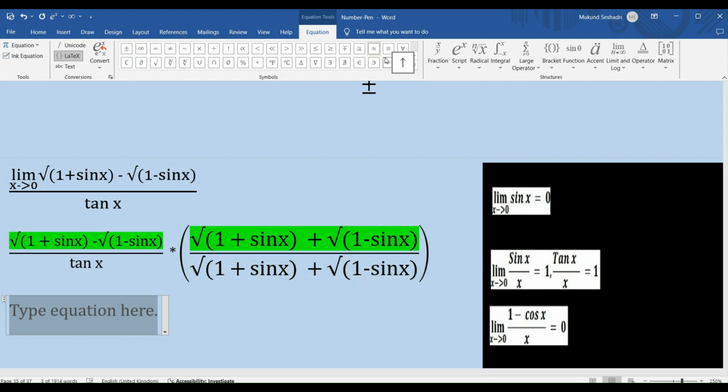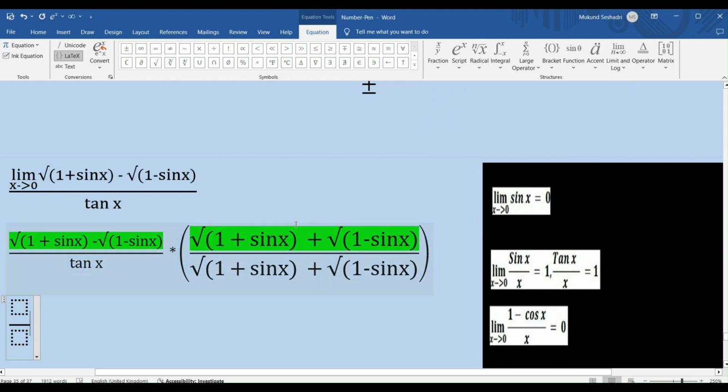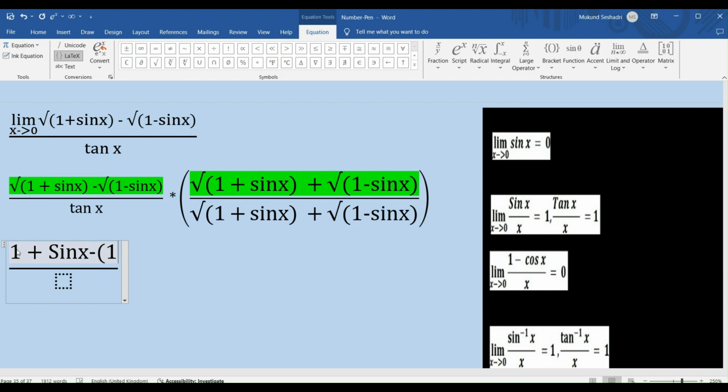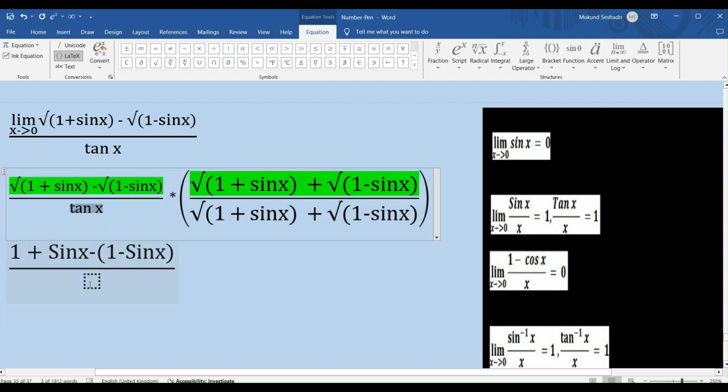So when I write that again, what do I get? My first part, which is my a square part, is 1 plus sine x, and my b square part is 1 minus sine x, right? And then I'm going to copy the denominator as it is for the time being.